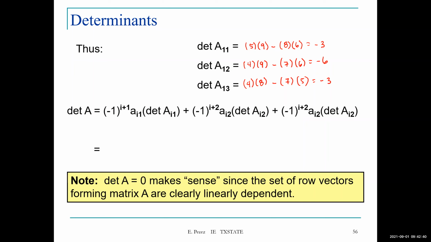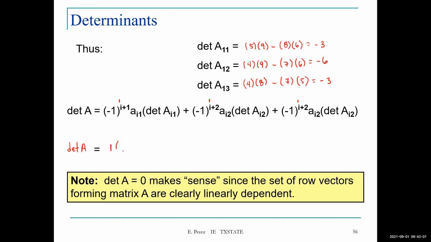So for the final result for the determinant, now you are going to look at whether you are subtracting or adding those values. We are using row 1 for all of them, so this will be 1 plus 1, which is positive.